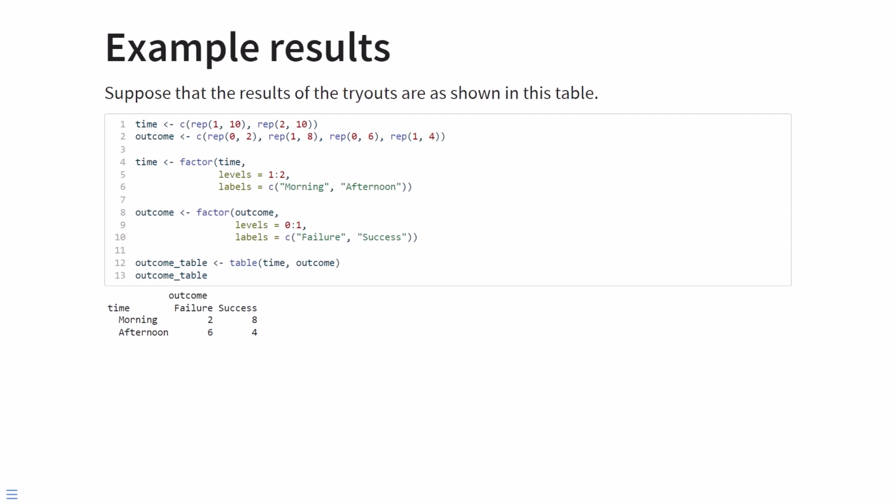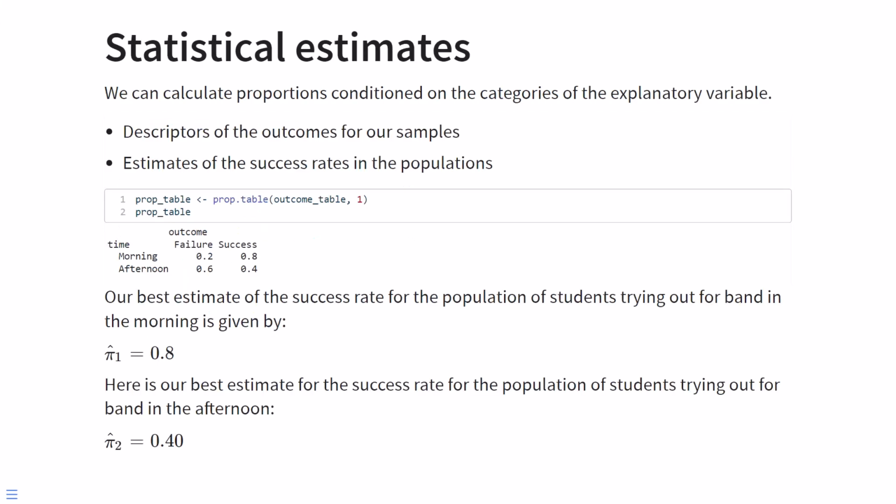And here are some data in which you can see the morning adds up to 10, the afternoon adds up to 10, but we see that we have more successes in the morning than in the afternoon for this particular sample and this particular randomization and this particular analysis.